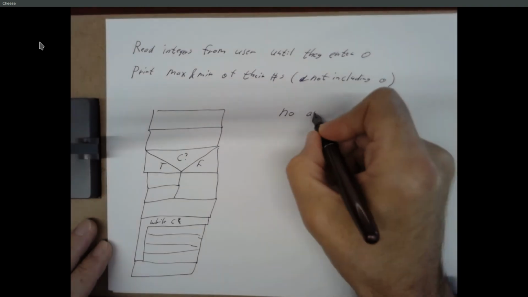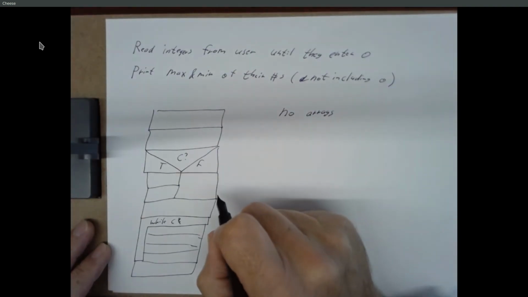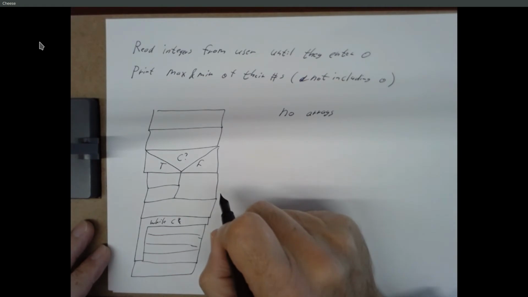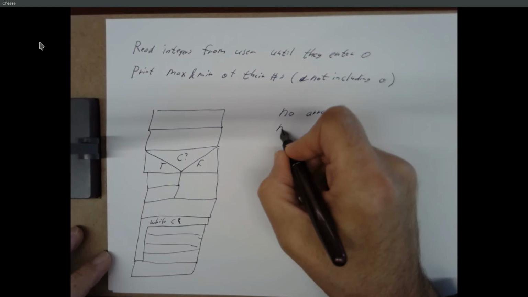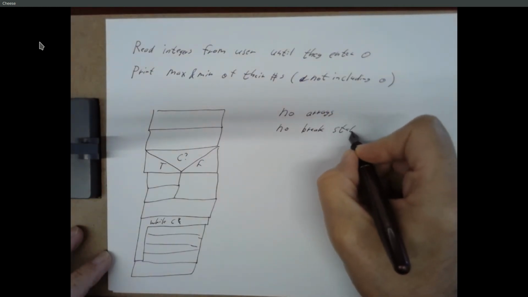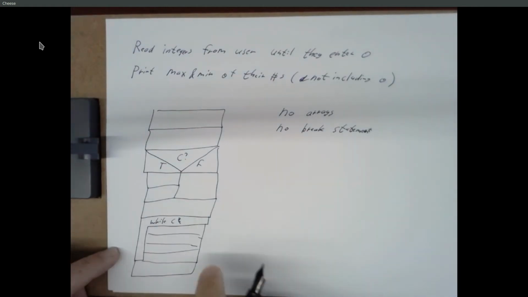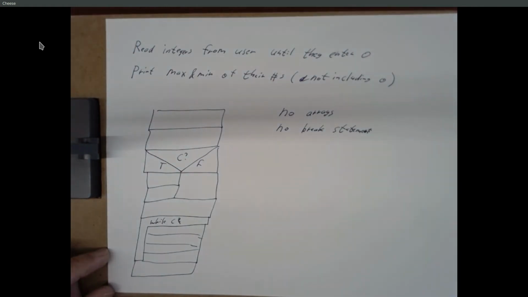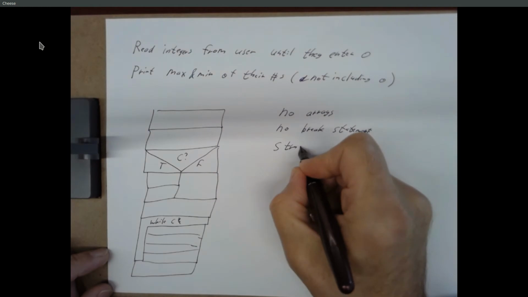So no arrays, because we don't know how many things they're going to put in to begin with. So don't just store everything in an array. Try to find the max and min as they're putting in the numbers. No break statements. So try to code a while condition that exits the loop properly. And don't write bash code.